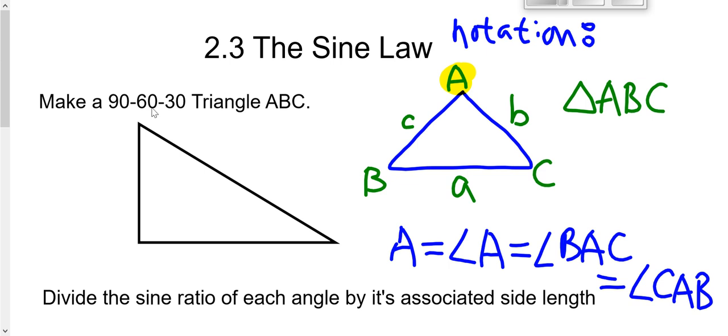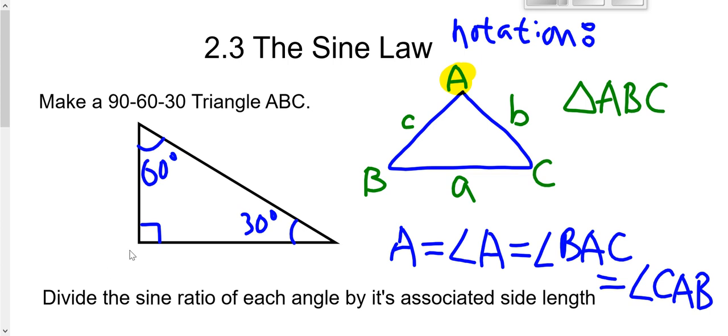So make a 90, 60, 30 triangle ABC. Doesn't matter which side is which, but obviously this must be 90 degrees, and then 60 and 30, or 30 and 60, doesn't matter. So this is 60 degrees, this is 30 degrees. Where is A?